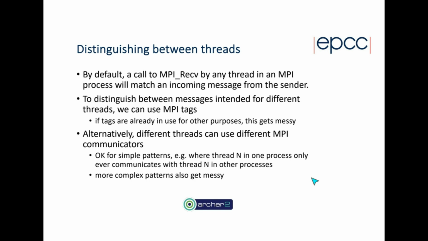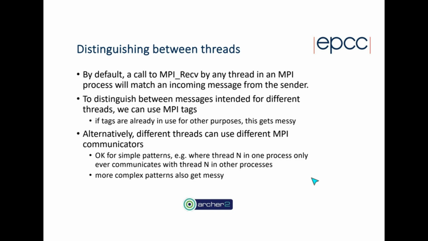By default, a call to MPI receive by any thread in an MPI process will match an incoming message from the sender, where the sender is a different process rather than an individual thread on a different process. So to distinguish between messages intended for different threads, we can use MPI tags.